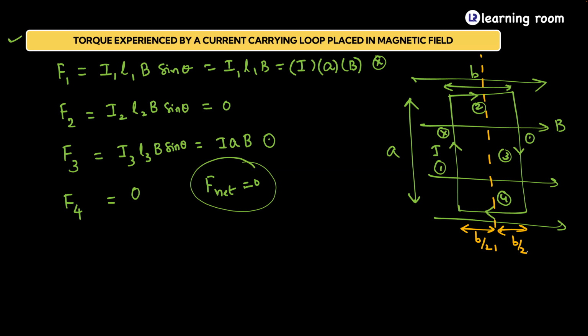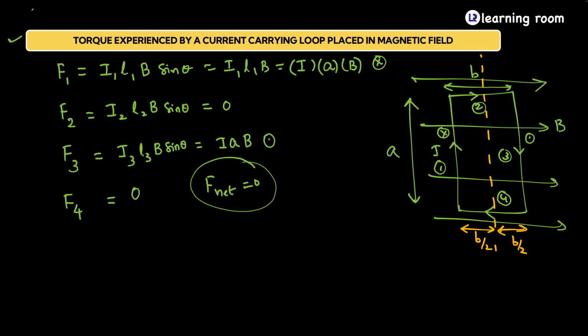What is the torque experienced by the first conductor? So if I take torque 1, can I write it as r vector cross F vector? So r vector, if you see, it is going to be from the axis towards the current carrying conductor.